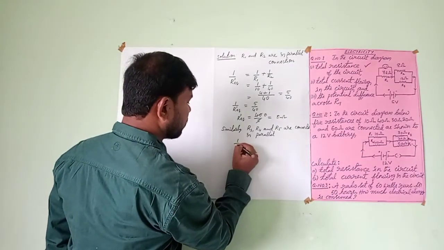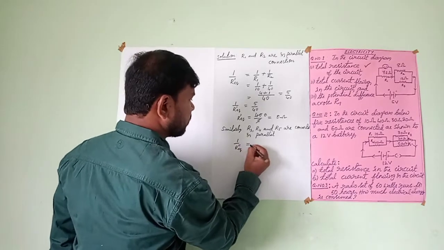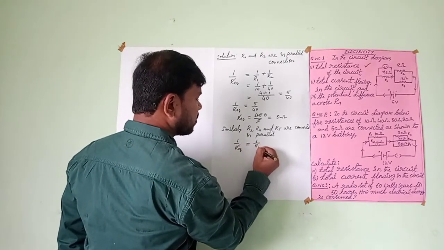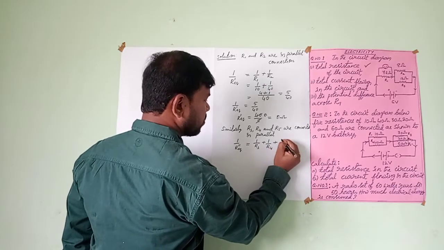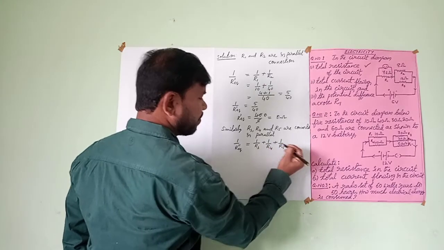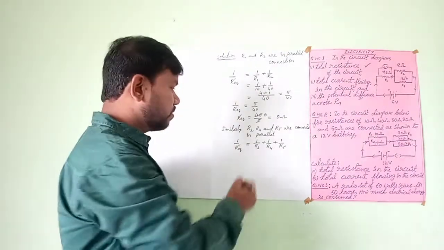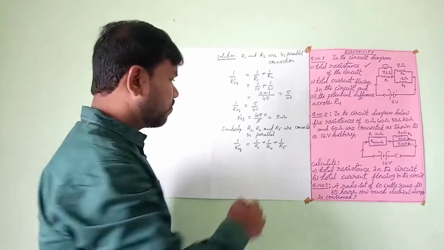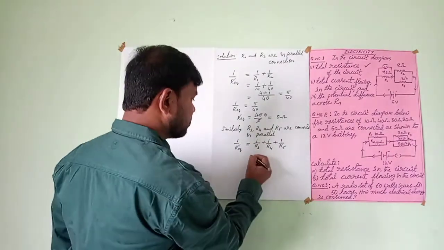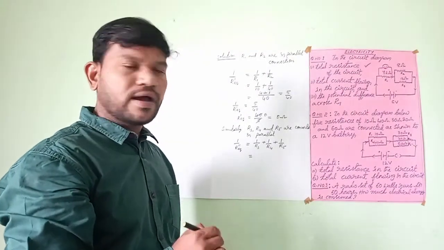So 1 by R double dash equivalent is equal to 1 by R3 plus 1 by R4 plus 1 by R5. Now I am substituting the values of R3, R4 and R5.